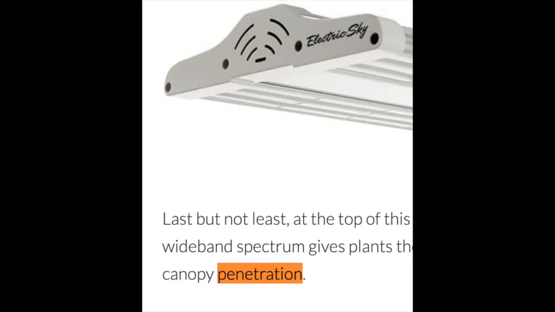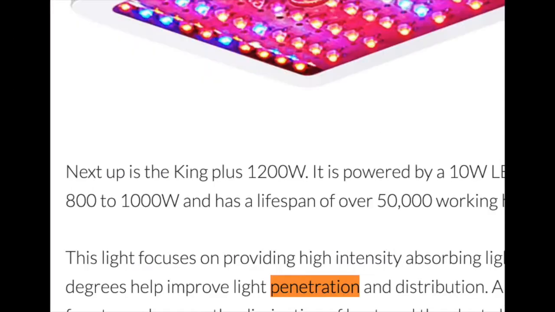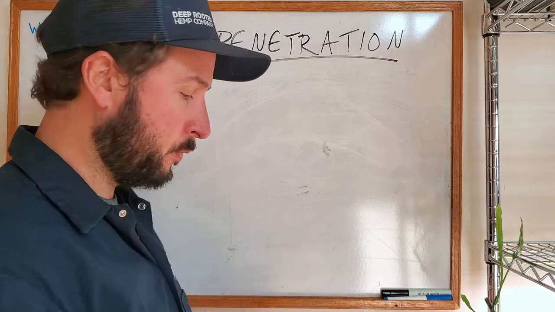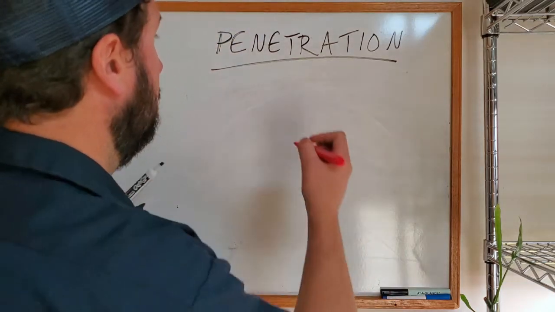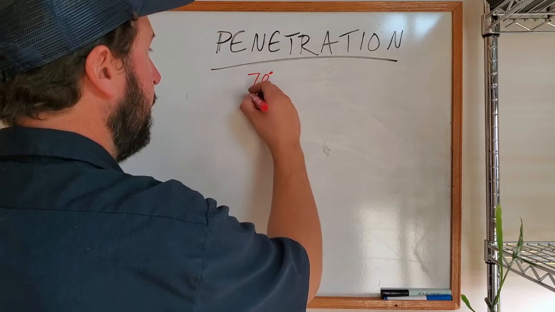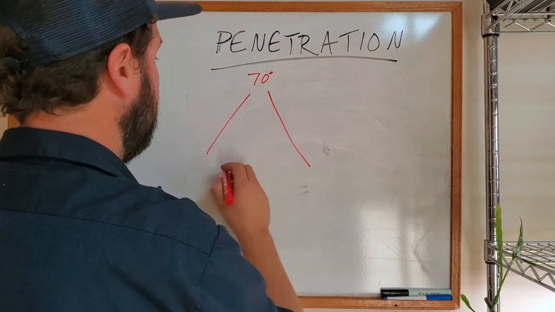Do we do optics to drive the light down, or do we go wide angle throw and let the light do the work? So if you have a 70-degree optic, it's going to make your light readings look high.